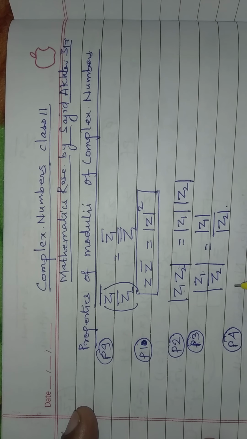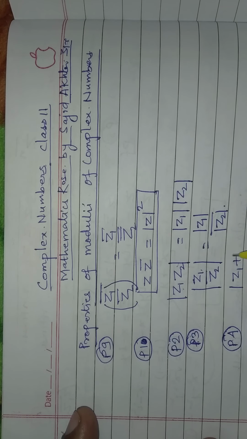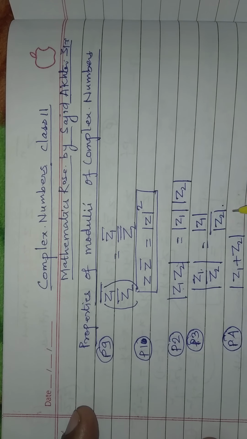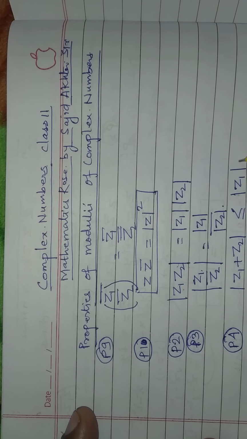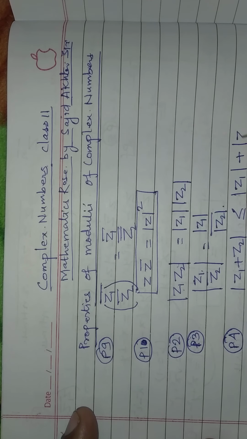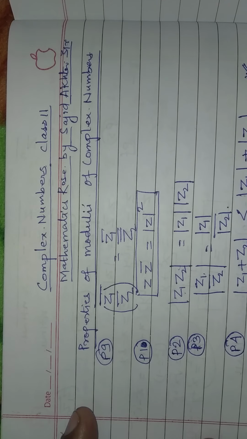property 4 of modulus. Here we will prove modulus of Z1 plus Z2 is less than or equal to modulus of Z1 plus modulus of Z2. So this is an important one.